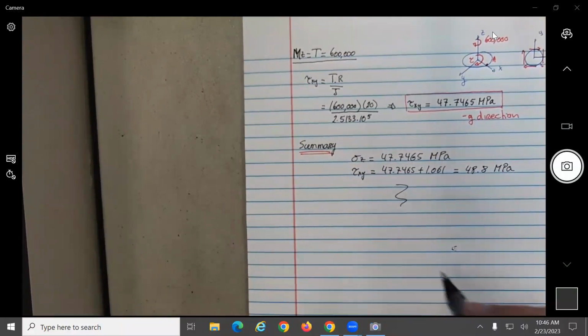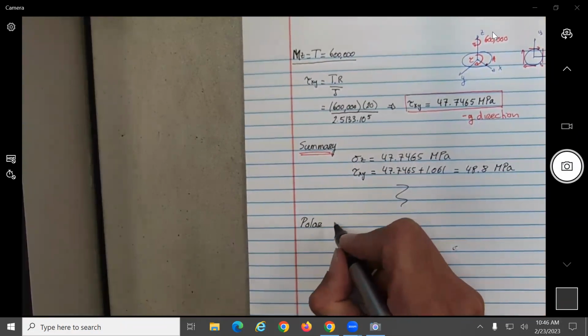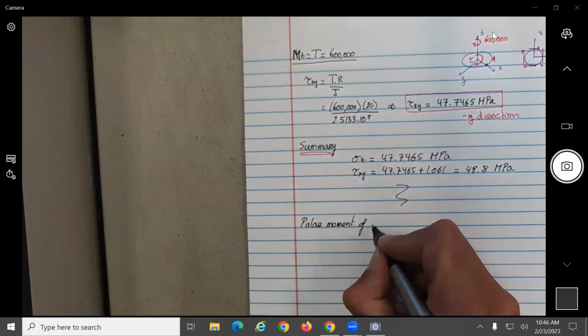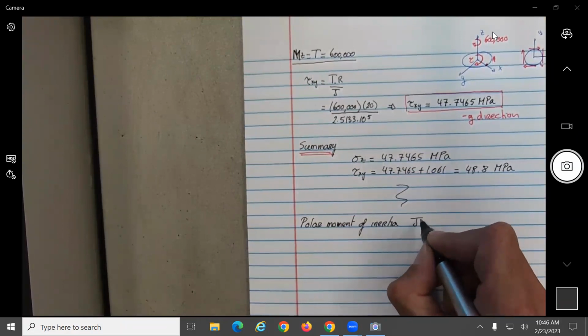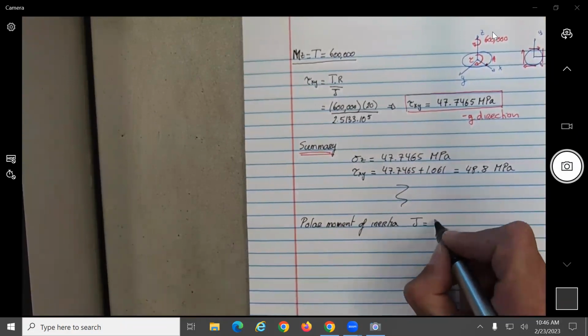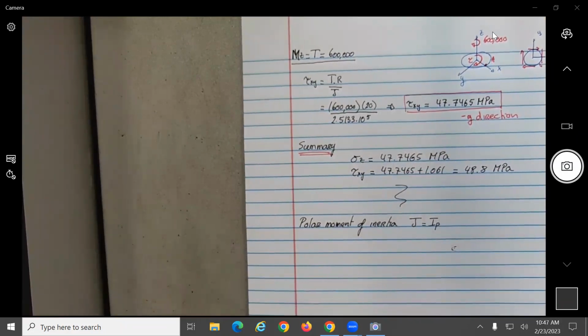One thing about the polar moment of inertia, J, or some books call it I sub P, depending on the textbook. Why do they generally give you a shaft or circular cross section when you deal with torsion?